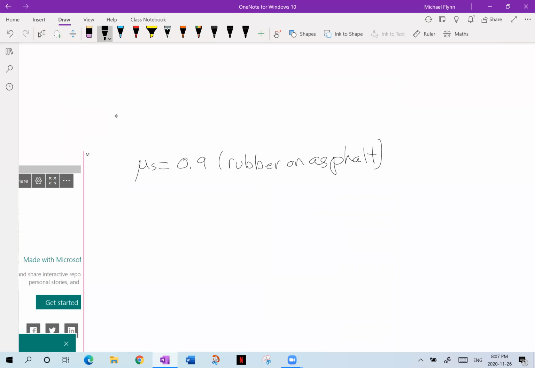Okay, so my question for you is, what is the maximum speed you can make for a 12-meter turn radius?